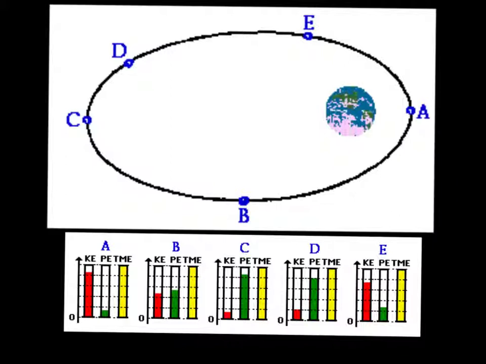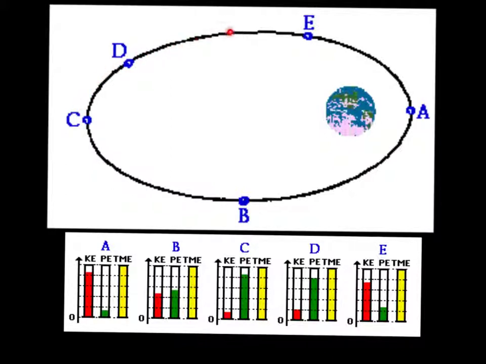Now we know from the law of conservation of energy that the total mechanical energy is going to remain constant throughout. So, when we have the greatest potential energy, this is also going to be the time when we have the lowest kinetic energy. It's just the same as if we were to take a ball and throw it away from ourselves. When it reaches the top, it has the greatest amount of potential energy and the least amount of kinetic energy.